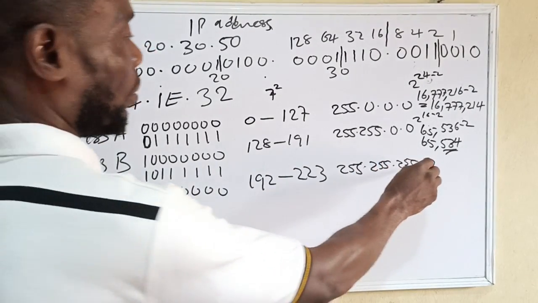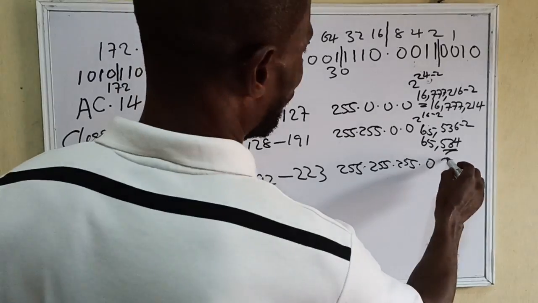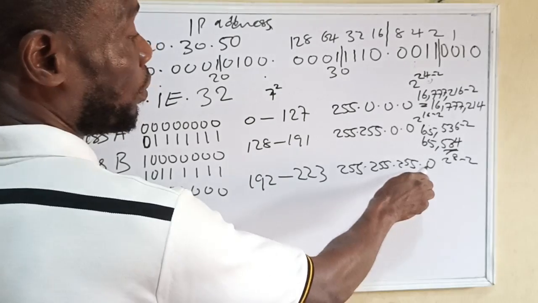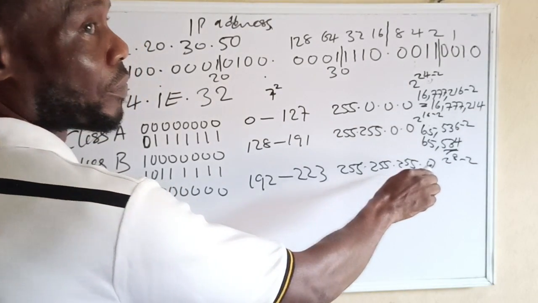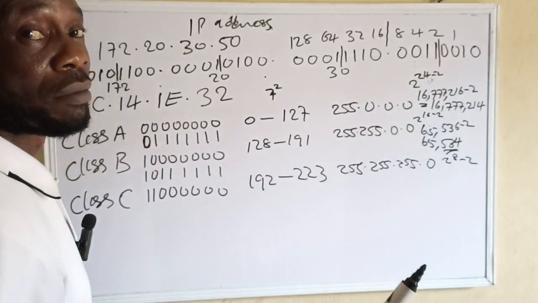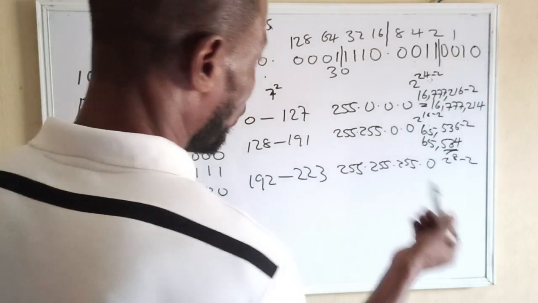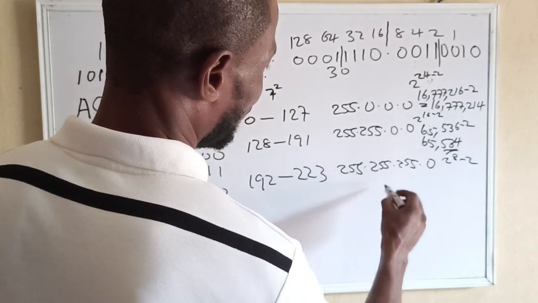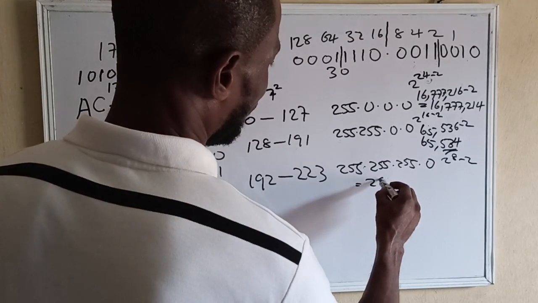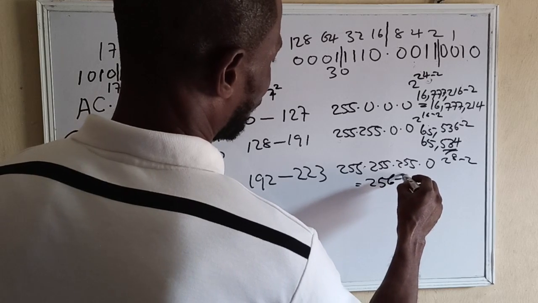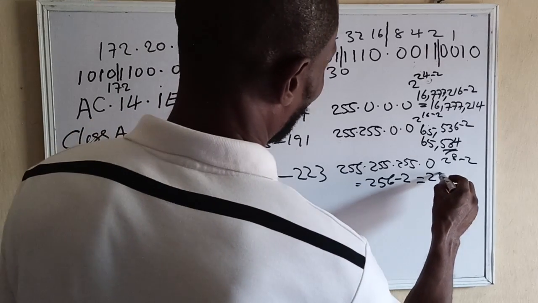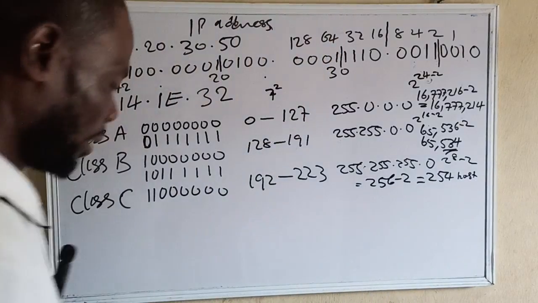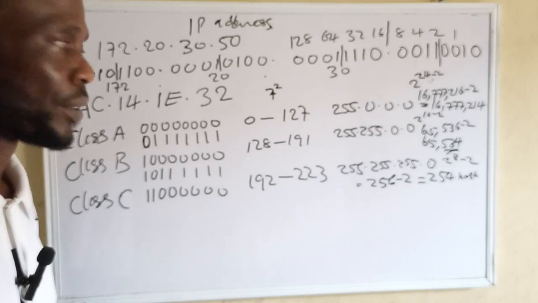Okay, that is 2 power 8 minus 2. Remember, it has only one host byte. Okay, sorry, this power outage. Hope you're still watching. So 2 power 8, which is 256, minus 2. Then you get 254 valid host addresses in a class C network address.